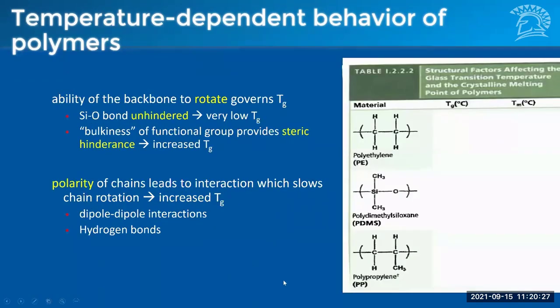Okay, so what is all of this talk good for? Well, again, we're able to predict some of the properties of our polymers just by looking at the molecular structures and knowing what's happening in our polymer as temperature increases. So as you increase the temperature in a sample of polymer, you're adding energy to the polymer.